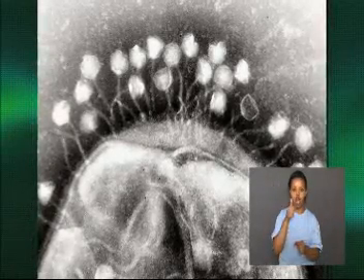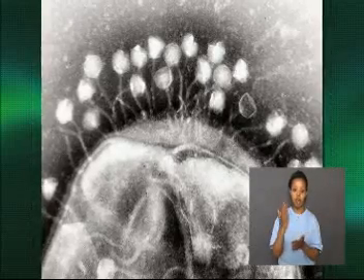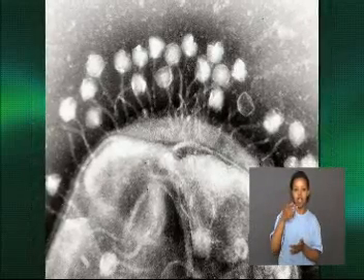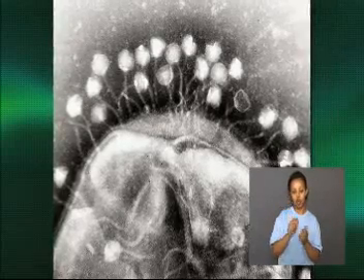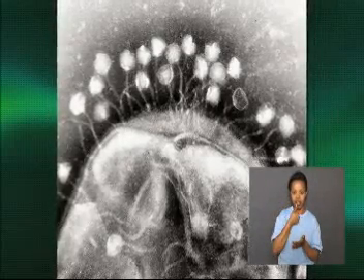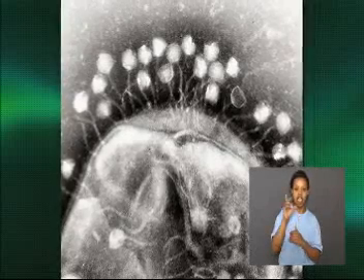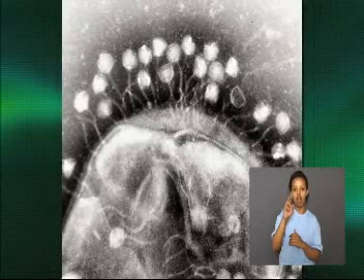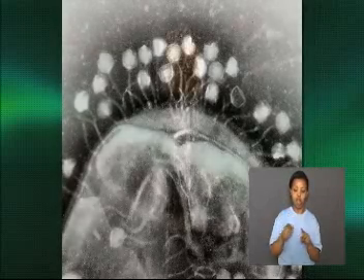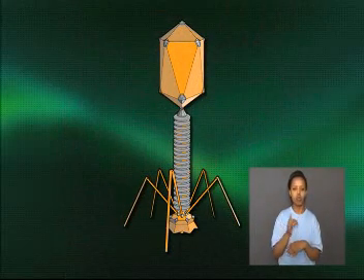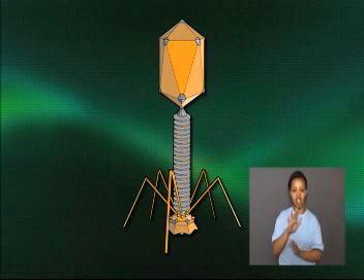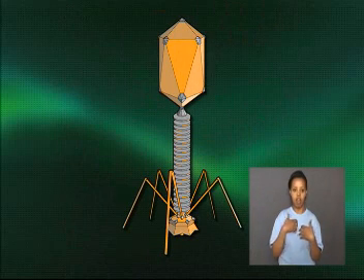Depending on the kind of phage, it can exist in various forms, and the nucleic acid can be either DNA or RNA, but not both. There are many similarities between bacteriophages and animal cell viruses.